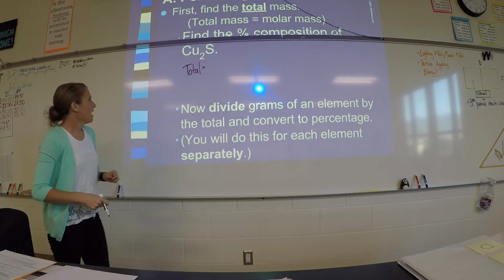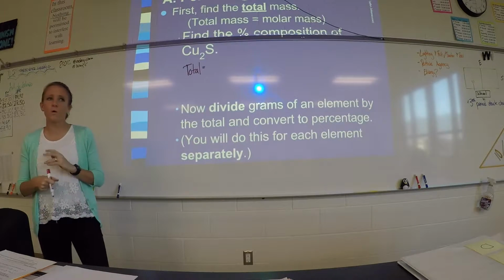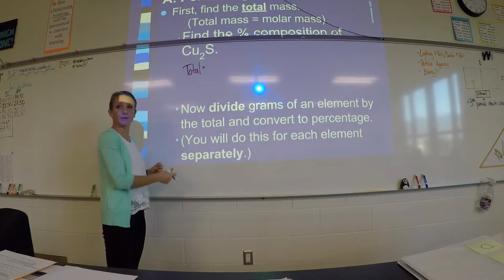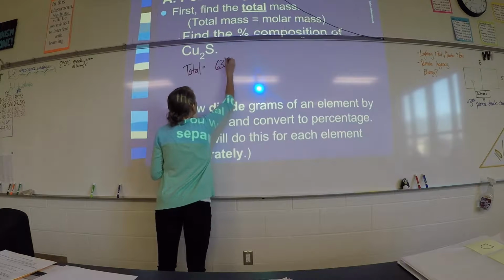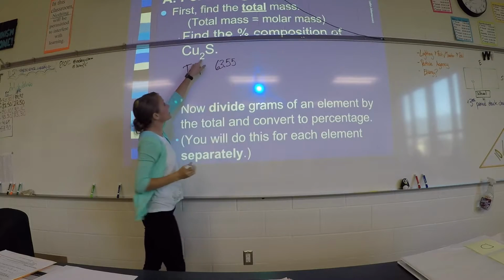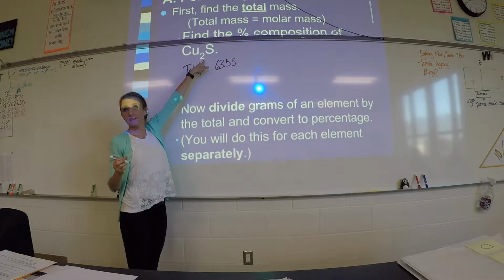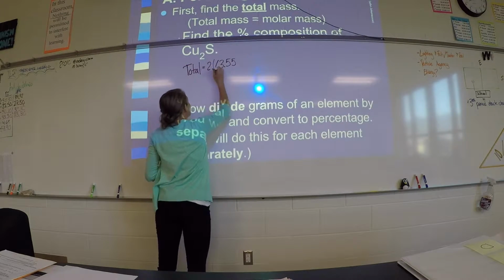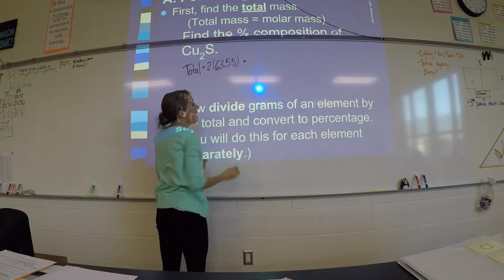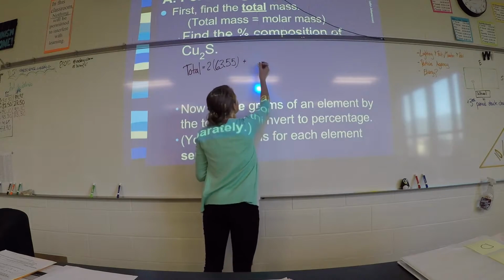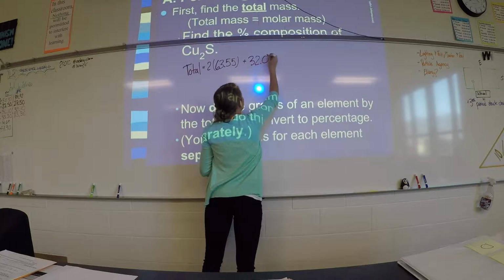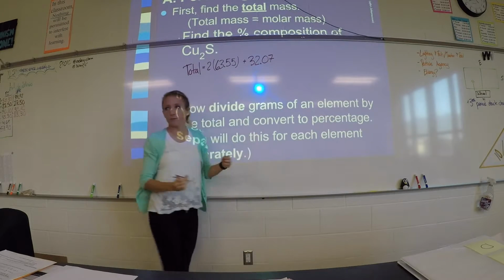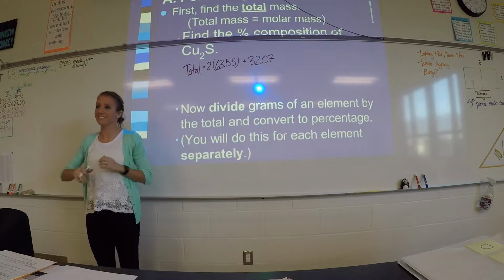All right, somebody look on their periodic table, and what is the molar mass of copper? 63.55. Good. Remember, we just keep two decimal places. What do I do because there's a 2 here in the formula? Times by 2. Very good. So we're going to do 2 times that, plus we look up sulfur, which is 32.07.